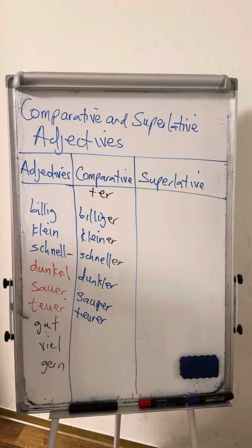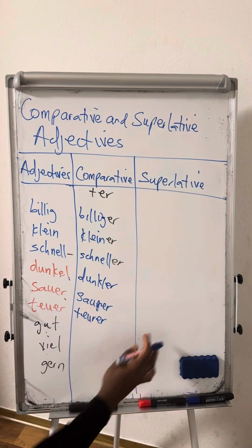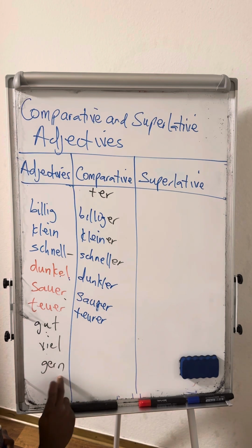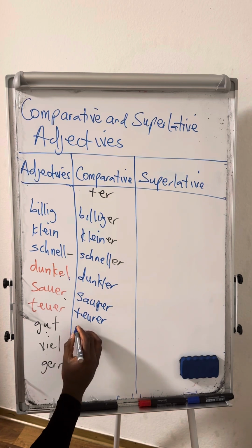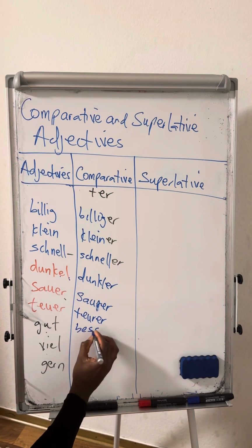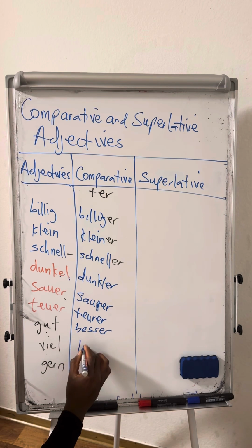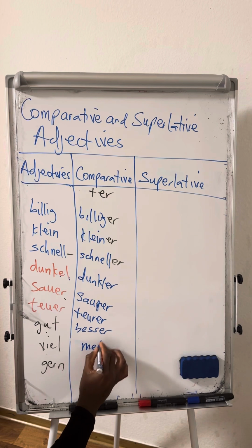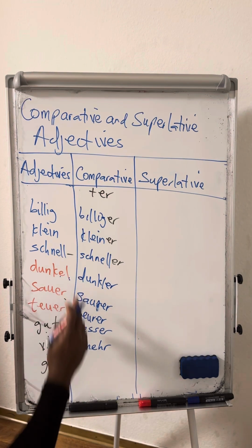Now, this one I wrote with black marker, just like in English, good, better, best. So these are irregular on their own. Just master them. They are three. 1, 2, 3. Gut, viel, and gern. So gut in the comparative is besser. Viel, much, in the comparative is mehr, meaning more.